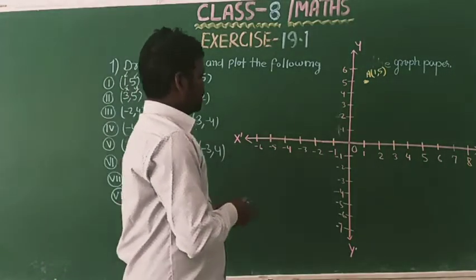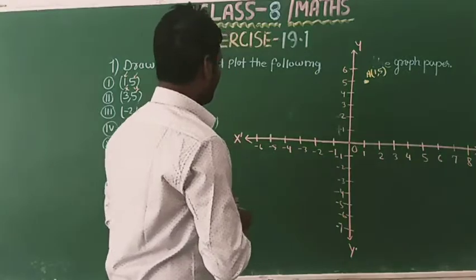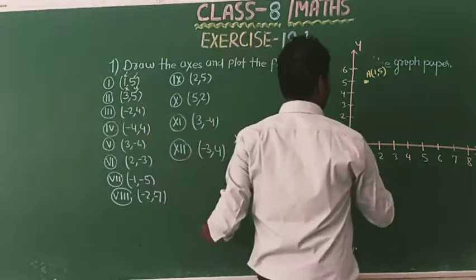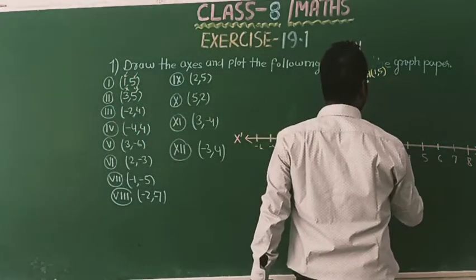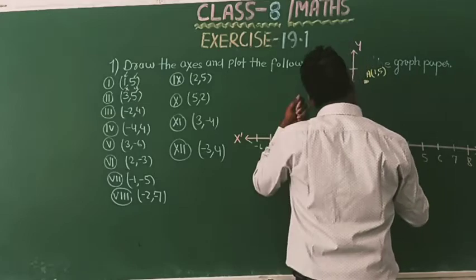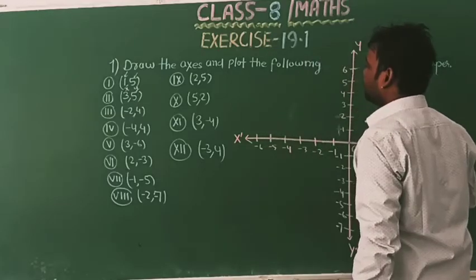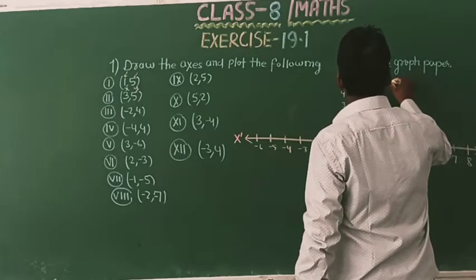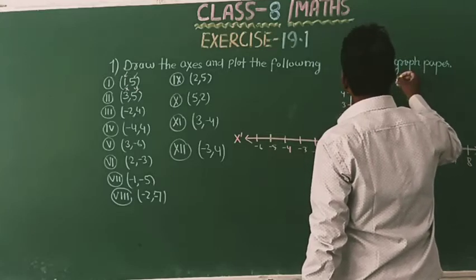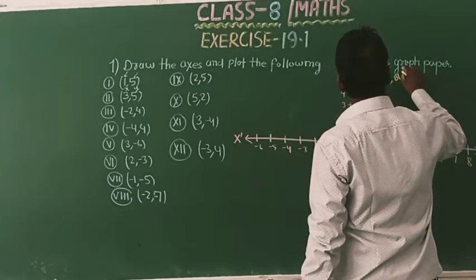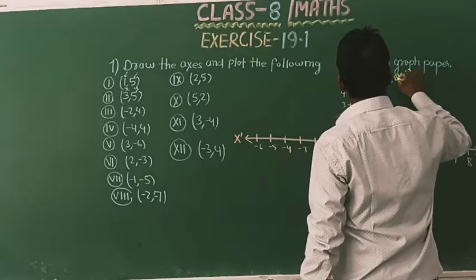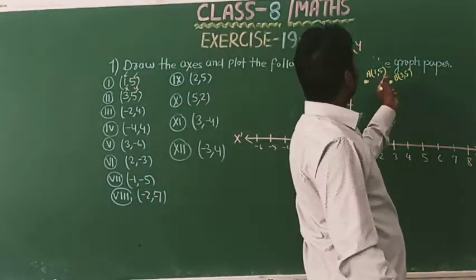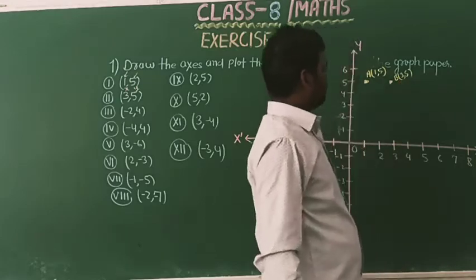So starting from O, move 3 units to the right along the x-axis, then go up 5 units along the y-axis. So we have the point D, whose coordinates are 3 comma 5.